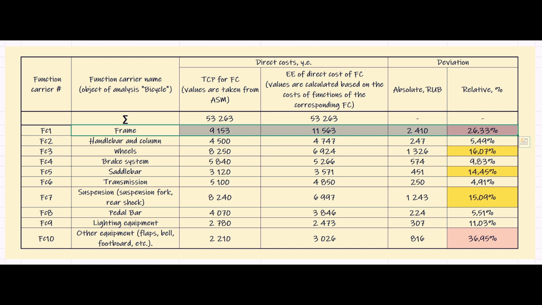The slight discrepancy for the other function carriers of the object of analysis, bicycle, isn't critical for this level of abstraction, especially in conditions of information scarcity and the initial stages of the project, and rather serves as confirmation of the calculated values of average relative significance for the functions.